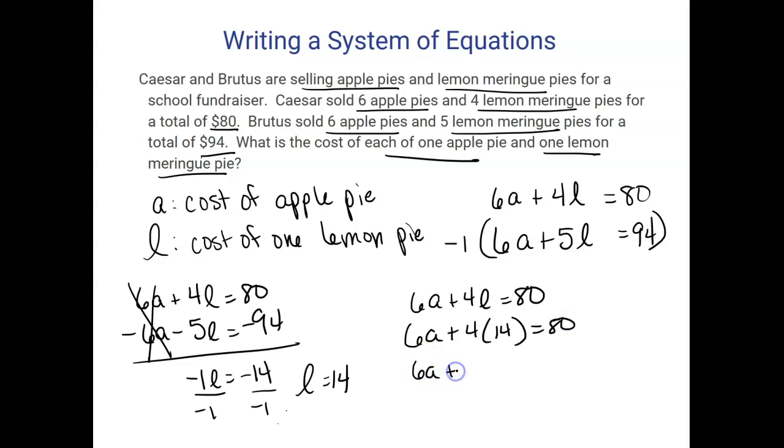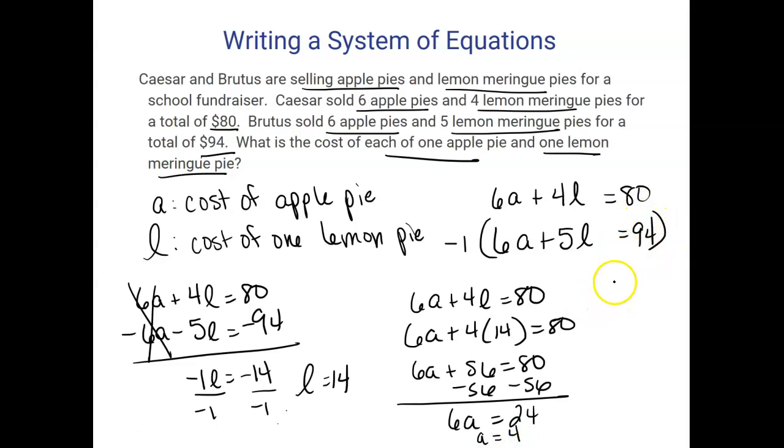Let's see, 4 times 14 becomes 56. So 6a plus 56 equals 80. Minus 56 from each side. So 6a equals 80 minus 56, which is 24. Divide both sides by 6, and so a equals 4.